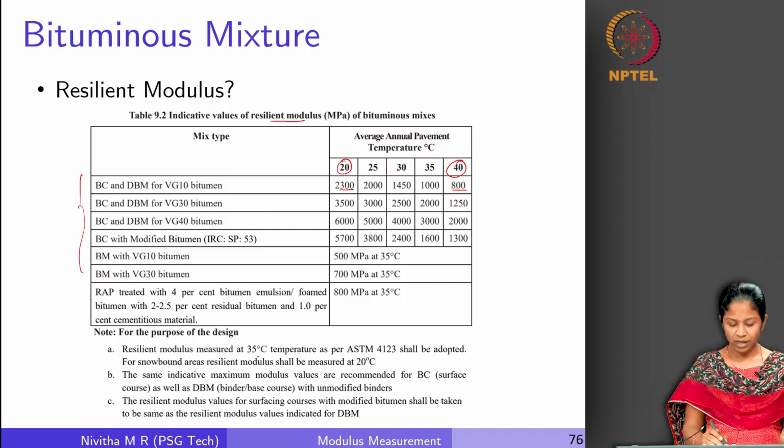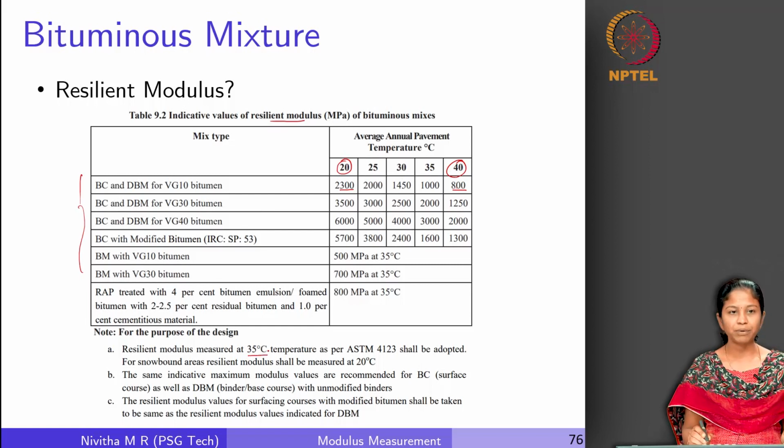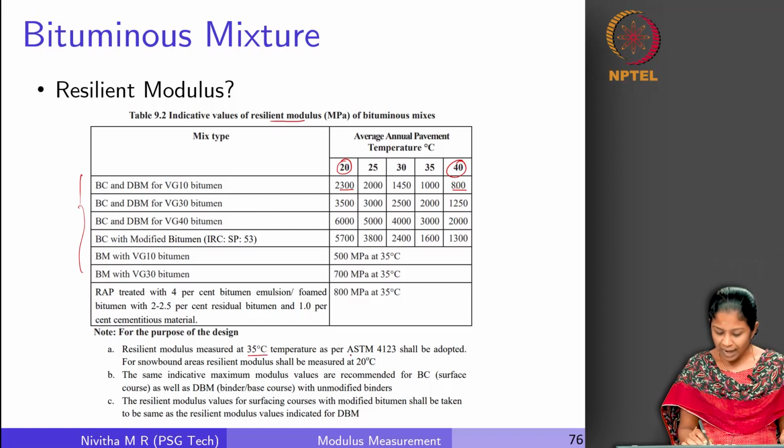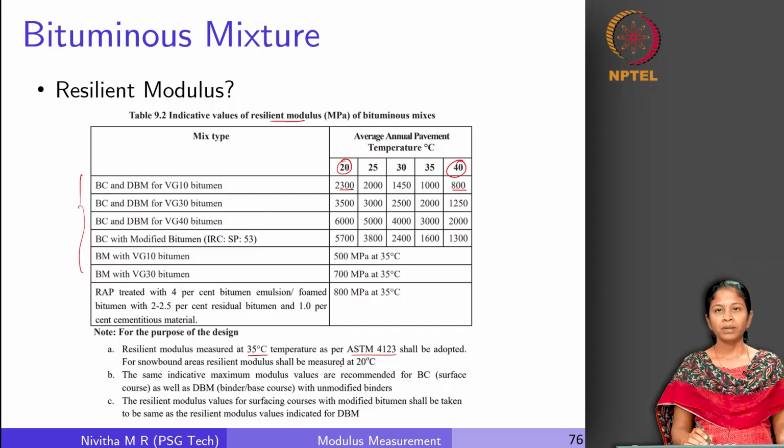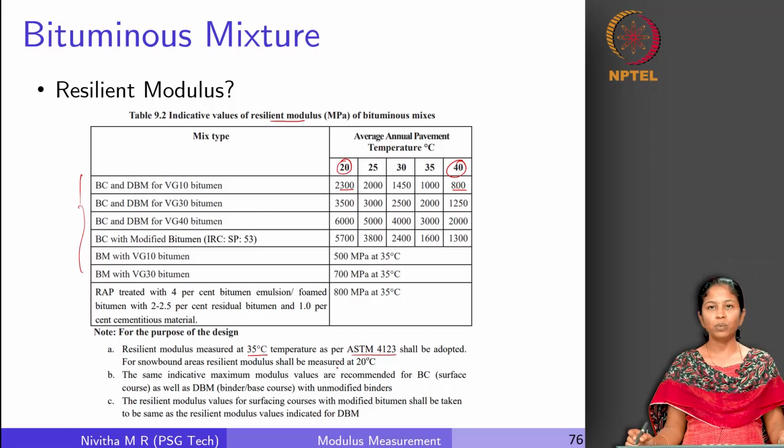One thing you should note is that IRC specifies that the resilient modulus is measured at a temperature of 35 degrees Celsius as per ASTM D4123. As I told you, ASTM D4123 is a withdrawn standard and is currently not available for circulation.